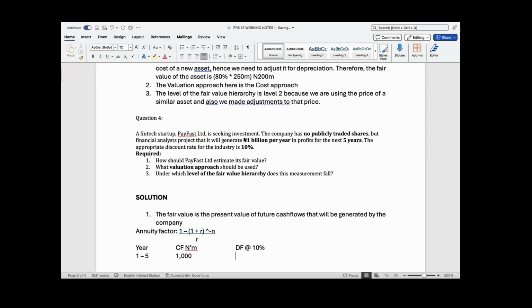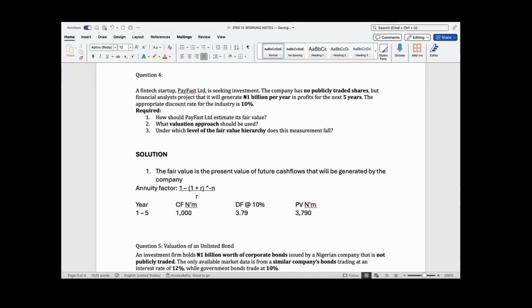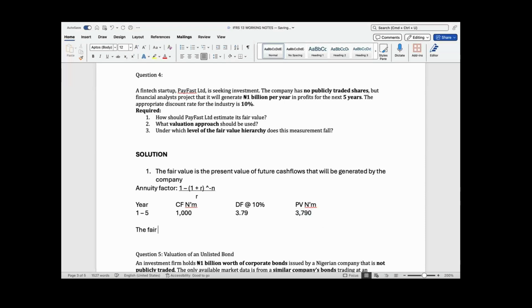So can anyone punch the calculator to get this for us? 3.79. 3.79. So our PV will be how much? That would be 3790. That is like 3 billion 790 million. So the fair value is 3 billion 790 million.